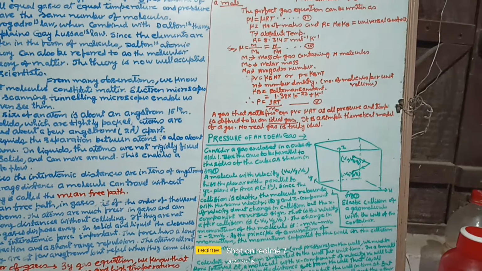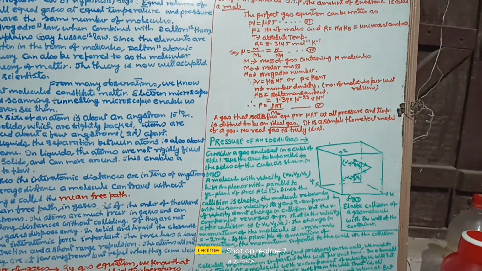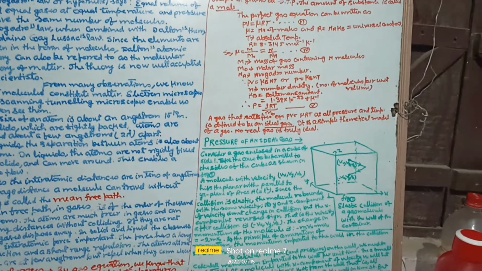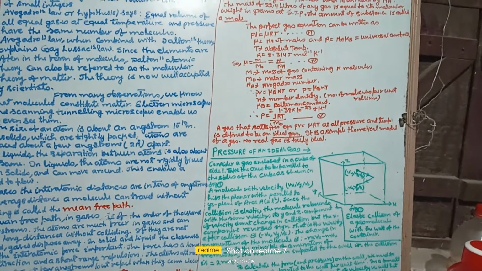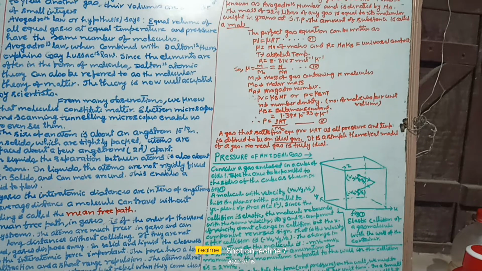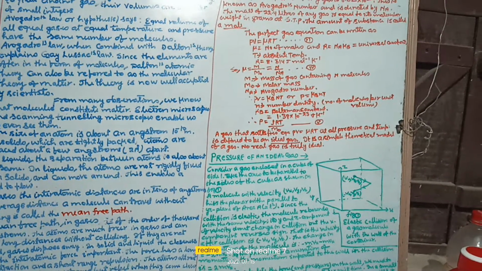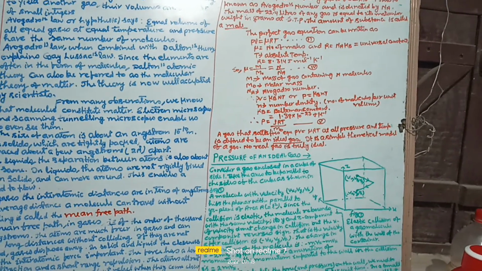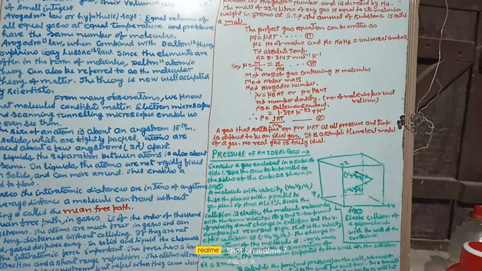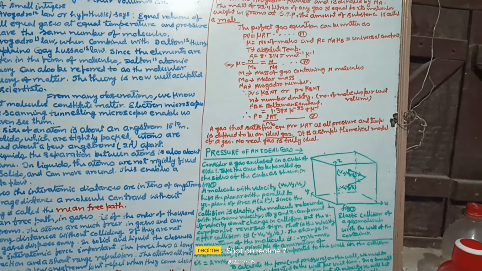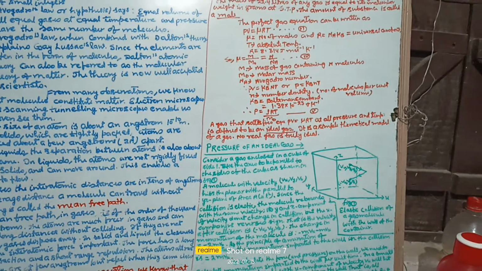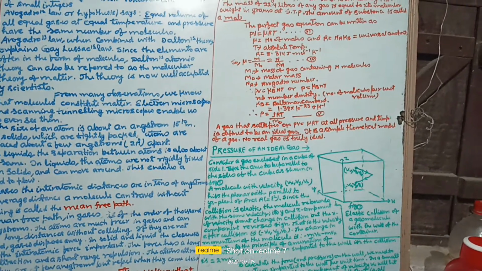That is, the velocity after collision is minus vx, vy, vz. The change in momentum of the molecule is minus mvx minus mvx, so minus 2mvx. By the principle of conservation of momentum, the momentum imparted to the wall in the collision is 2mvx.